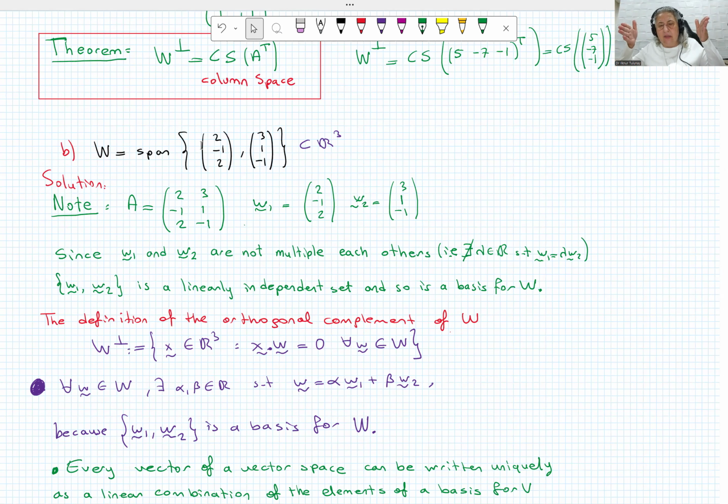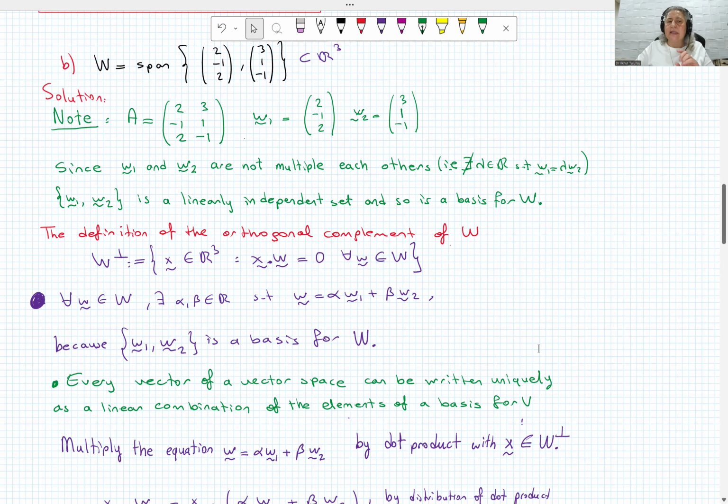Only the linearly independent ones will give you the dimension and the basis. These two vectors are linearly independent, so they are a basis for the space W. That's clear, I hope.